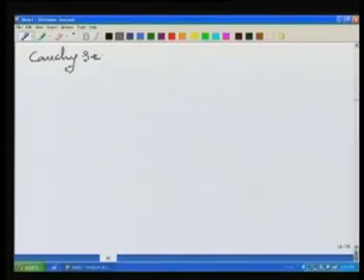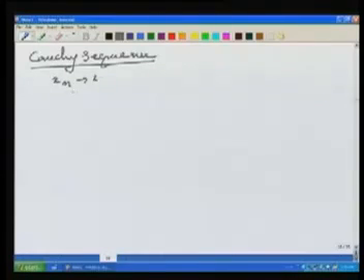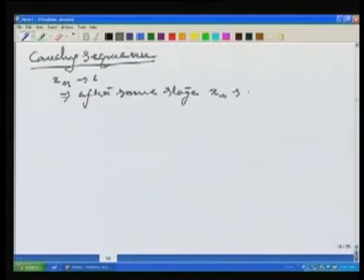Cauchy sequence. It comes out from a very intuitive way of looking at the convergence, that xn converges to L implies after some stage all the xn's are very close to L. Now from this statement, if I want to get rid of this L, can I think of it this way, that all the terms of the sequence are getting very close to each other?